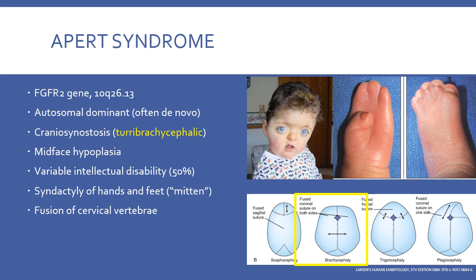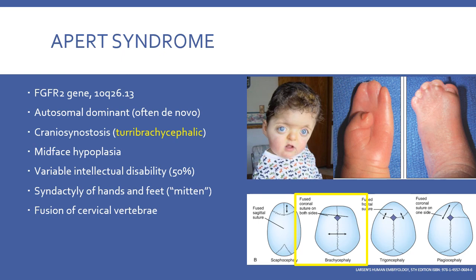What that means, okay, turris means tower, and the brachycephaly just sort of describes that fusion of the coronal suture. So in this case, because the skull cannot grow forward, because of the fusion of the coronal sutures, you get this flattening of the midface, and you get growth of the skull sort of upward instead of forward.